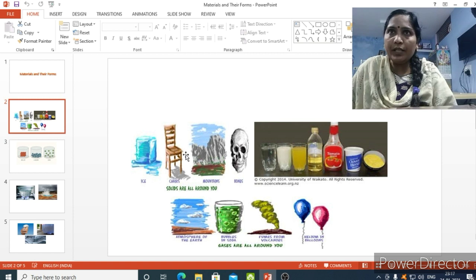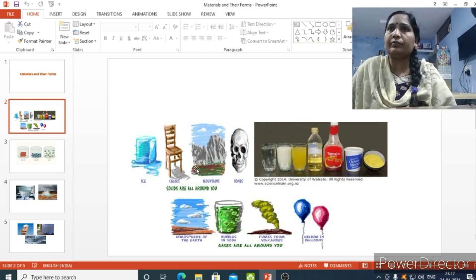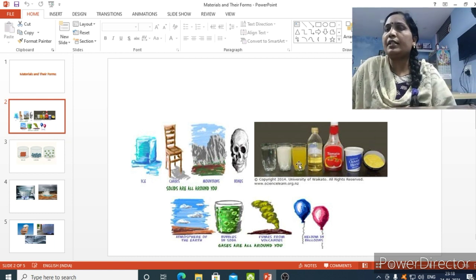That's why solids have a particular shape, and they occupy space, a particular volume also. So you can categorize all such materials which are present in your room into one column. All these materials together are called solids. They all are examples of solids.